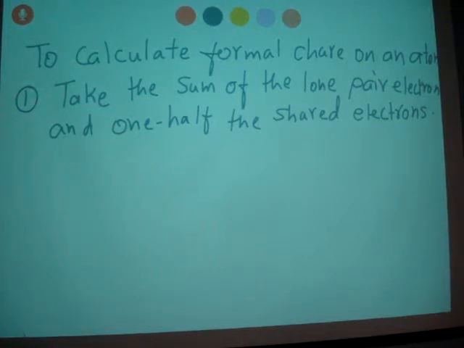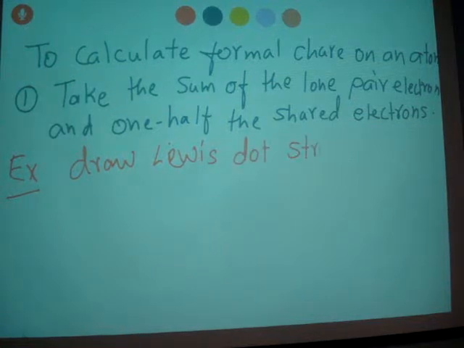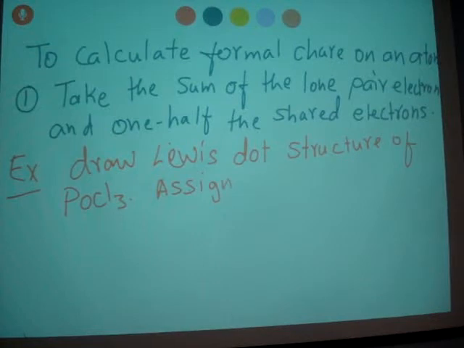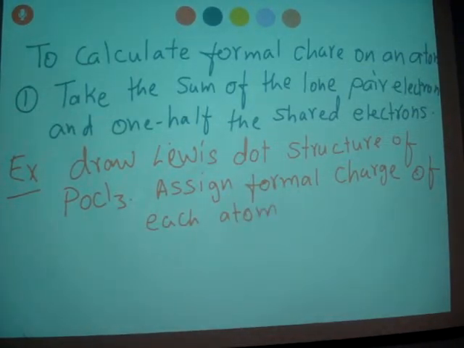So I'm going to give you an example. We need to first draw the Lewis dot structure of POCl3, and then we need to assign the formal charge of each atom in the molecule.